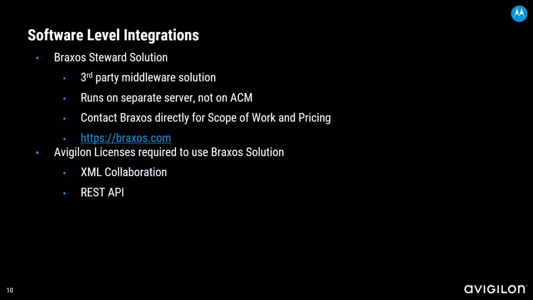The thing you will need from us to be able to use this middleware solution is you're going to need to add the XML collaboration license. That's going to enable ACM to send events to Braxos, such as you present your card and get a local grant. They need to get that information very quickly so that they can enable the floors that person's allowed to go to. It might be an elevator kiosk that they're using, or maybe they're selecting the floor automatically for the user.